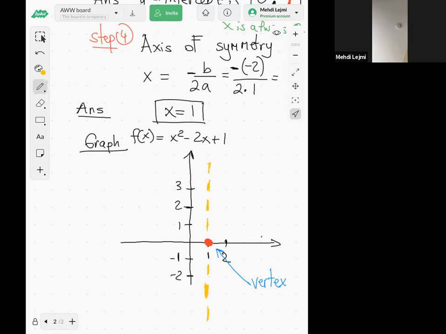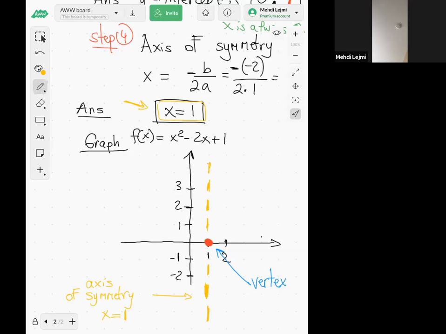This is my axis of symmetry. We said the equation is x equals 1, right? So this is x equals 1, and it passes through the vertex.